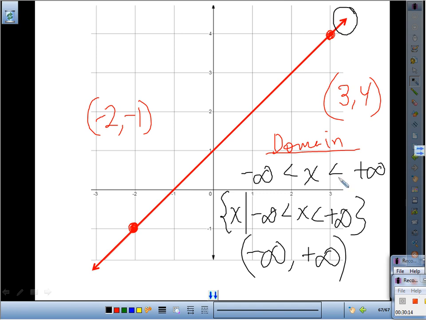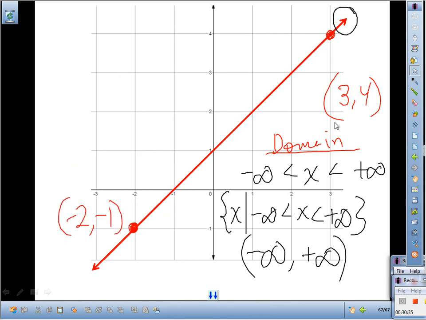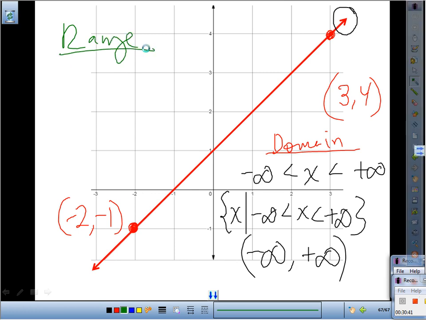All right, now that we're done with domain, let's see if you can actually write the range. I want you to write range. All right, so now we're going sideways. We're going to get a huge highlighter and highlight all the section for y.